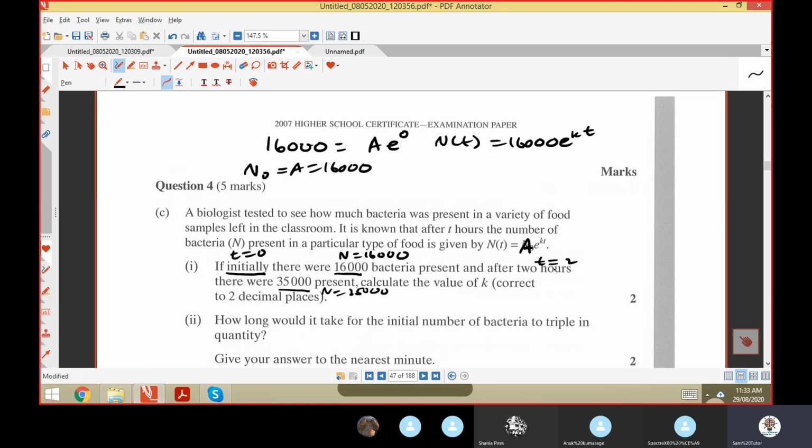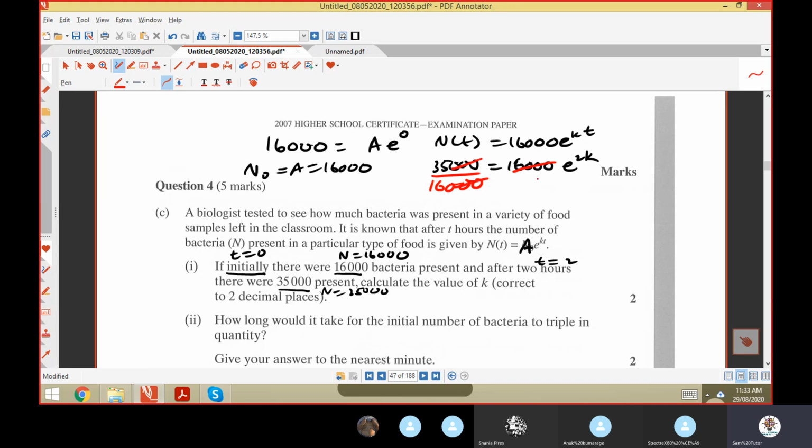But it also tells you when time is 2, N is 35. So again, you're going to write 35,000 equals 16,000 E to the 2K. And then I think by now, hopefully we know how to solve for K for this. We're going to divide by 16,000.